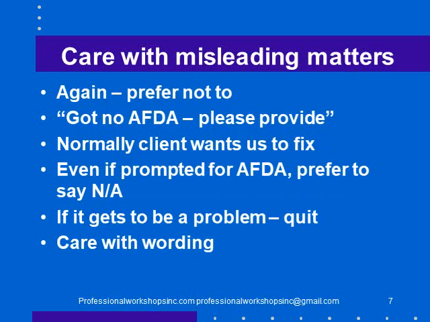Now, similarly, care with misleading matters. The very phrase, if we believe something is misleading, means we have some basis for determining what is wrong and therefore what's required to make it right. That implies we've done some work and we've given some assurance as to what is wrong and what is right.